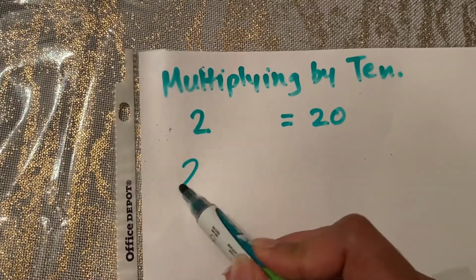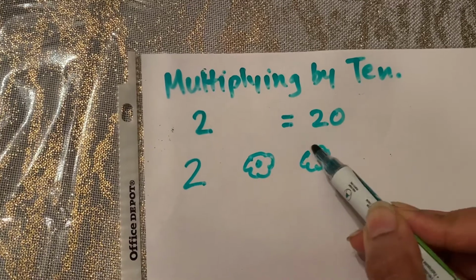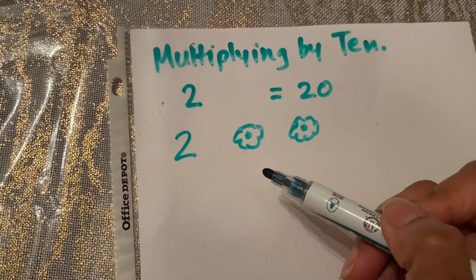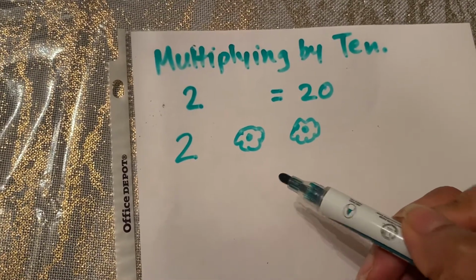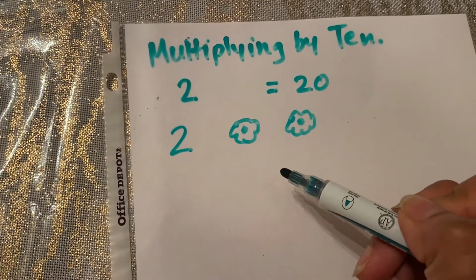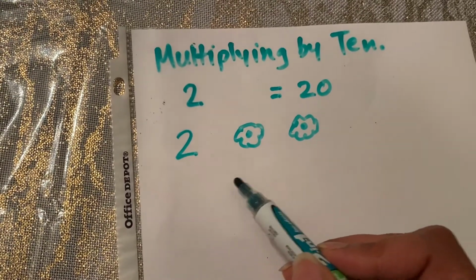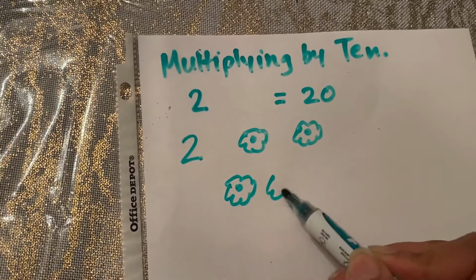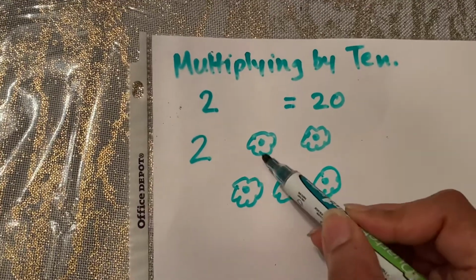I have 2, which means I have 2 flowers. But then I want to say that I have 10 times more of 2. So I have 20, which means I have this flower here.